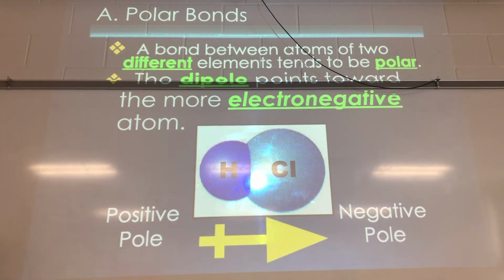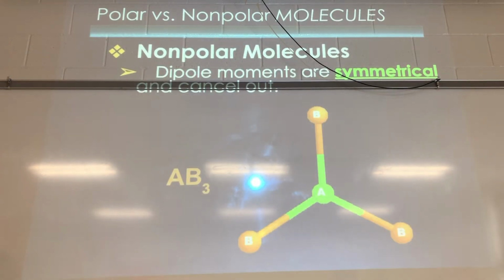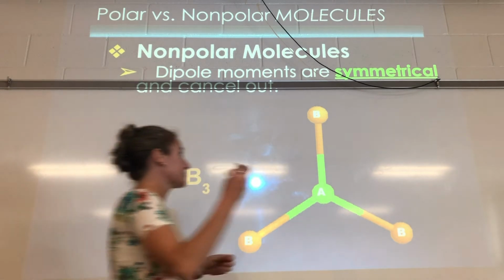So our first objective here is to determine, looking at a molecule, if that molecule is polar or nonpolar. The main thing really is all about symmetry. If the dipoles are symmetric, they cancel each other out. So for example, in this shape right here, draw some arrows with me.